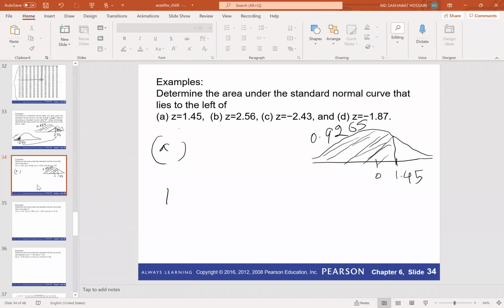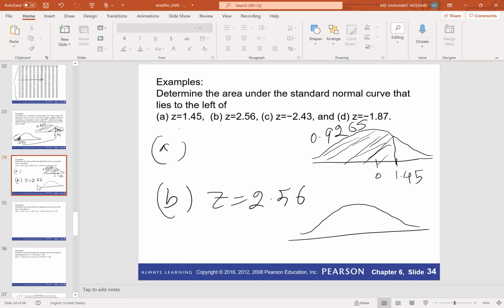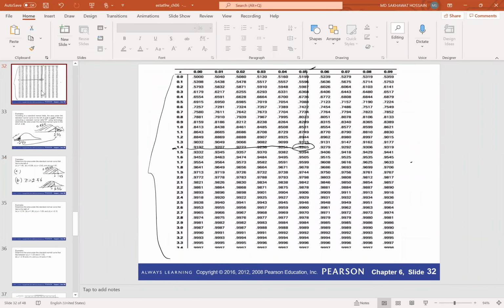Okay, part B is 2.56. So the middle value is 0. So this is 2.56. We need to find the area to the left of this number, 2.56. So let's go to the z table. 2.5 is here, and the second digit is 6.